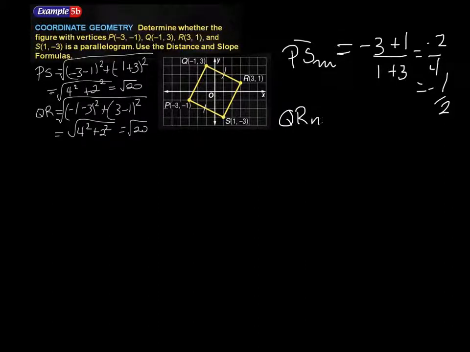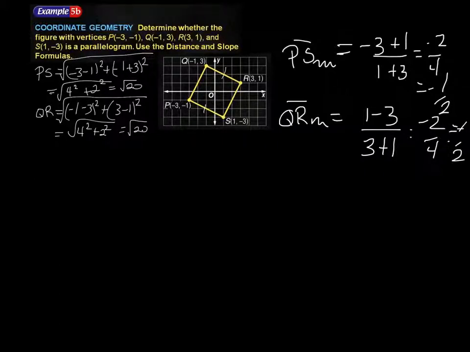So the slope of segment QR, change in y, so 1 minus 3 over change in x, 3 minus -1 is -2/4 as well. So, oops, -1/2, sorry, my equals and my minus. So the slopes are the same, so they are parallel. So this is going to be a yes as well.